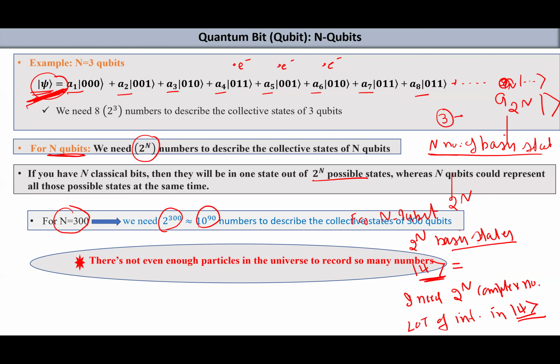And the amount of information is how much? 10 to the power 19. So 10 to the power 19 complex numbers are required.